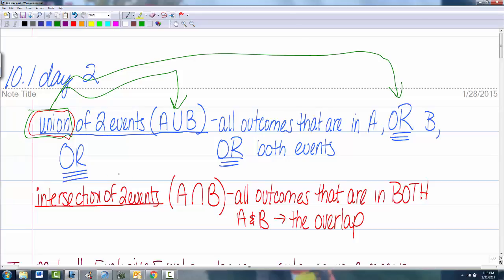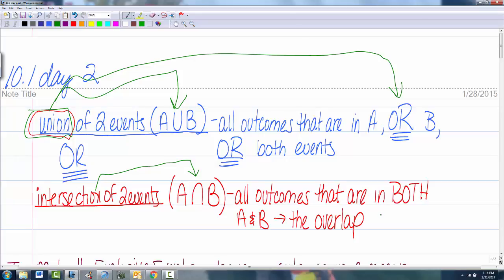Whereas this symbol represents intersection. You'll come to find out this actually corresponds to the word and, but we'll do some probabilities with that coming up shortly.